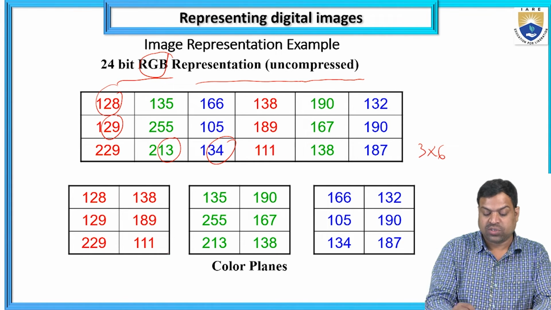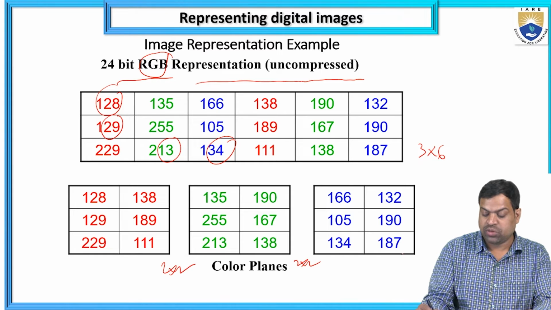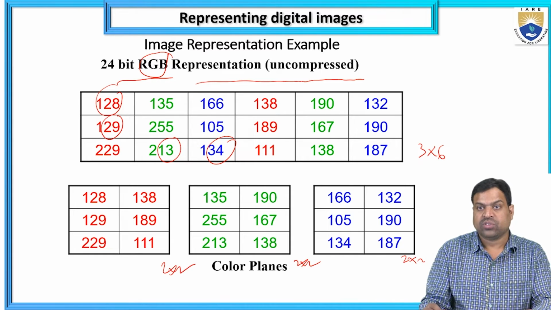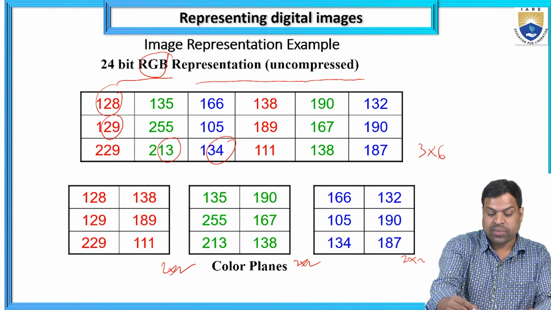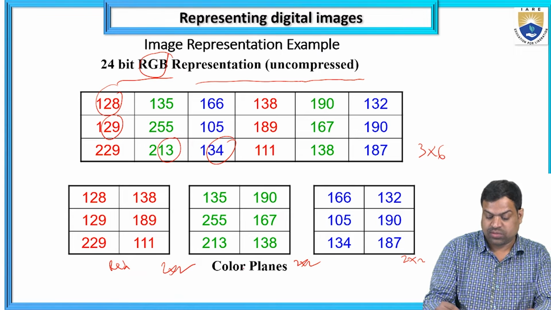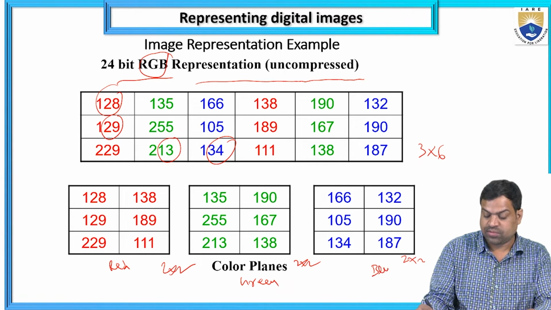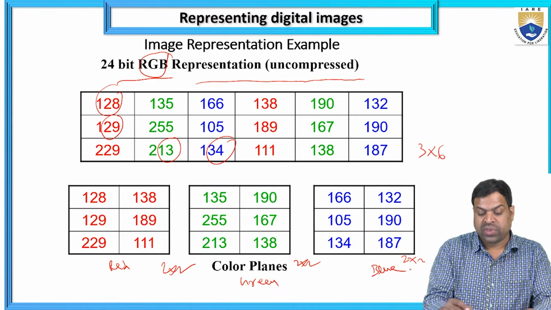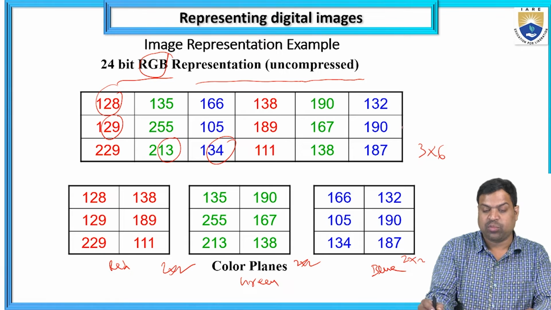Here I am taking 2 by 2, 2 by 2, 2 by 2 color planes. What are the color planes? This is the red, green, blue. There are some random values in red, green, blue like this.